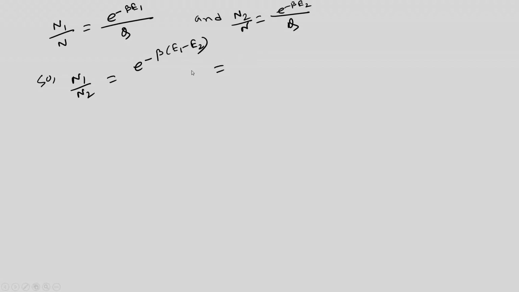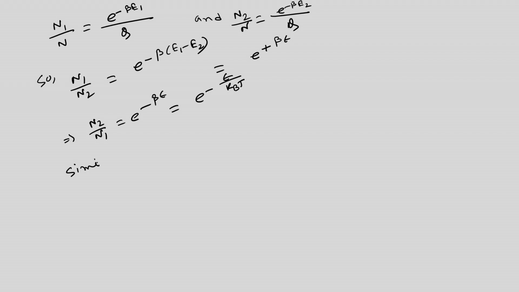So, if we substitute the values of E1 and E2, we get e to the plus beta epsilon, or you can write N2 by N1 is e to the minus beta epsilon, or e to the minus epsilon by kBT.